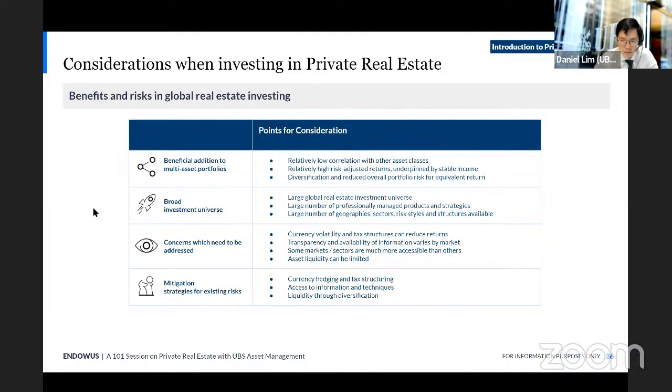In the US, for example, income and capital gains tax can be around 30% and 21% respectively. But in some cases, that can be less if you invest into a core real estate fund where you are exiting units in the fund rather than selling the assets to a new buyer.